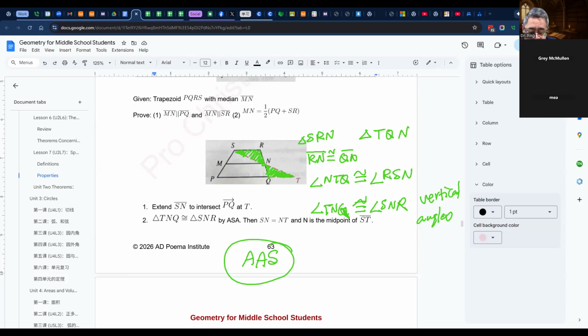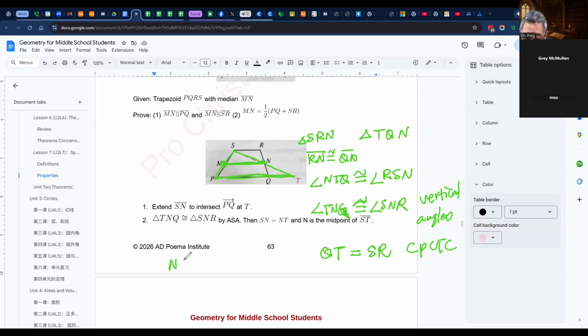The reason is we want to prove that QT is equal to SR. And that's what we know. It has to be, by CPCTC. Once we know that, it becomes easy because look at this triangle. We learned early on that if we connect the midpoints, this side is half the length of this side.